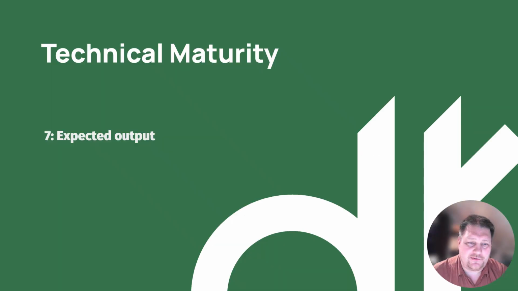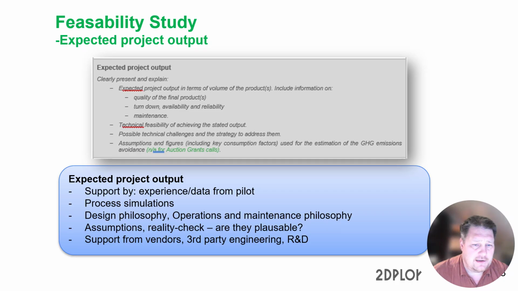And when it comes to the expected output of your project, then it's important to clearly explain all these kind of outcomes from your project. What is the quality of your end project?